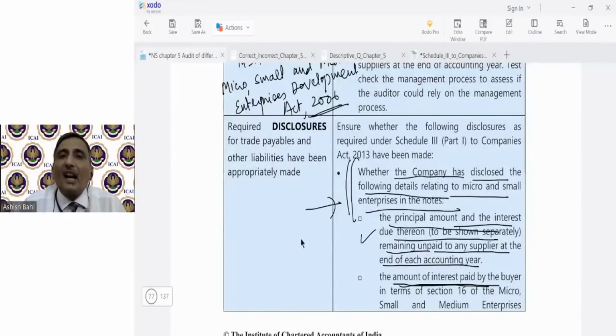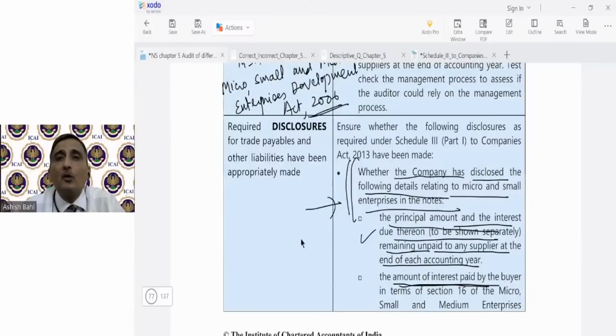And number three, the total trade payables have to be further classified into trade payables on account of micro and small enterprises and other trade payables. And number four, the company has to make certain disclosures regarding the principal amount and interest paid to micro and small enterprises in accordance with the requirement of Schedule 3 of Companies Act.